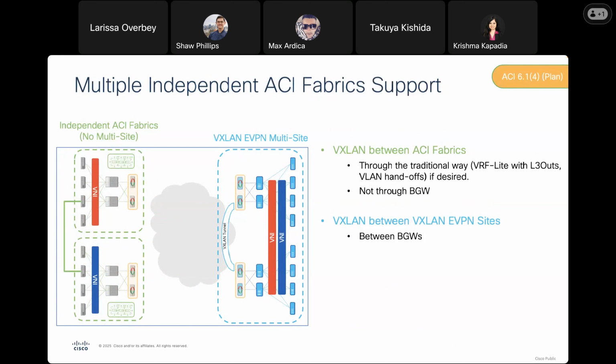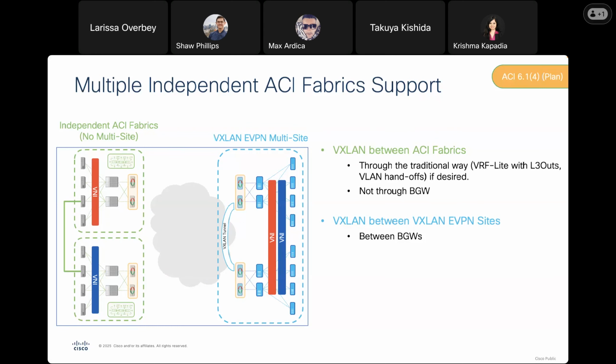So in 6.1.4, we'll be able to not just have a single ACI fabric, but we'll be able to have two independent ACI fabrics that will both use their own set of border gateways. In this case, between those two independent ACI fabrics, we won't be stretching the layer 2 and the layer 3.